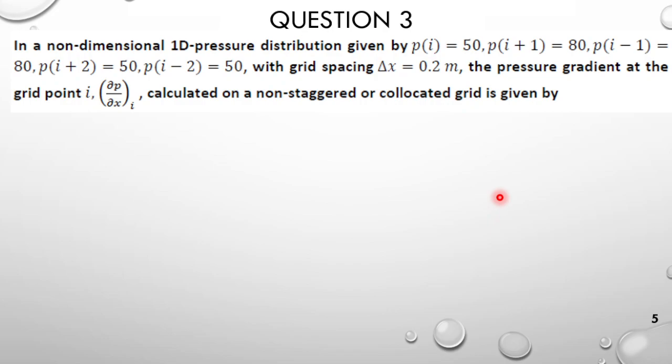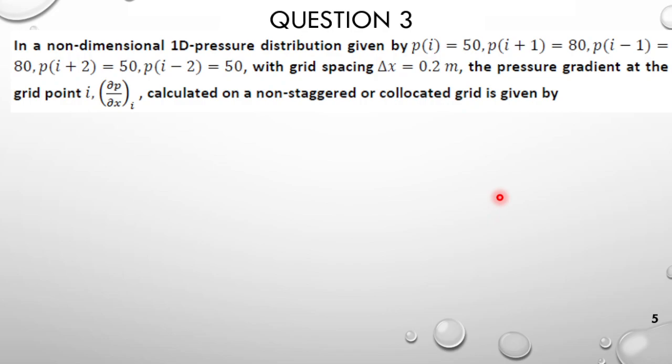Let us come to the third question now, which is a numerical one, and in this example we will understand the velocity pressure decoupling problem which exists on a collocated grid. As I had explained in the theory session, we have something called a velocity pressure decoupling problem when we use a collocated grid. We will try to understand that with this problem, although this is not an exact problem to understand that, but we can try to analyze it.